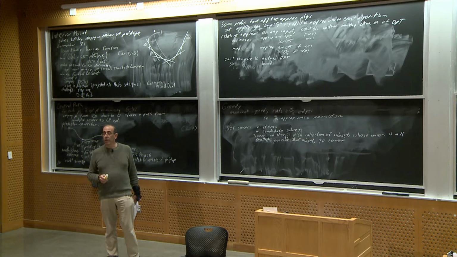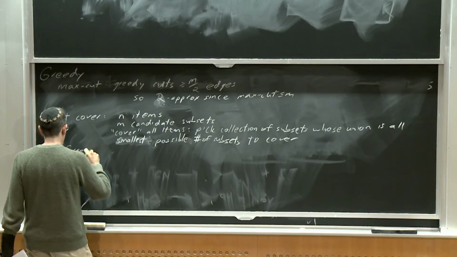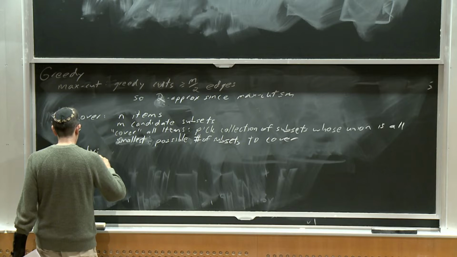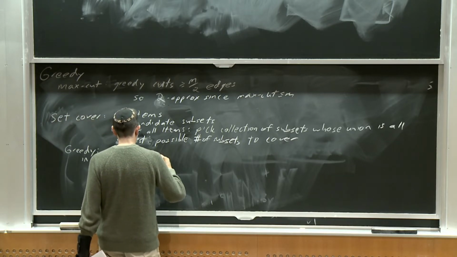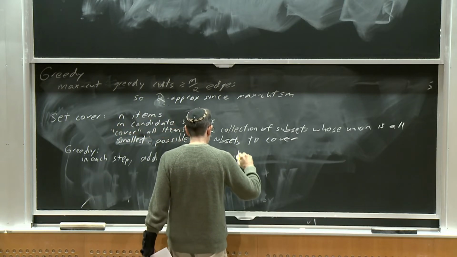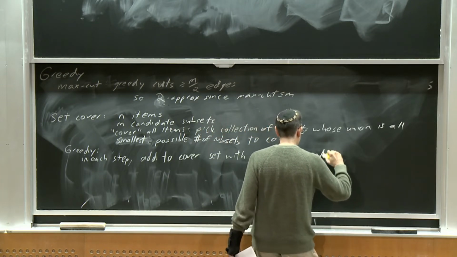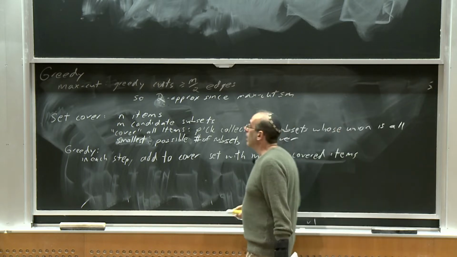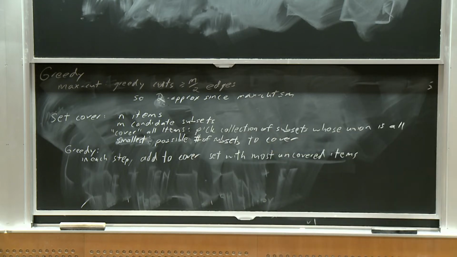The set which covers the maximum amount of uncovered items. Exactly. So the greedy algorithm just says in each step, add to the cover the set with the most uncovered items. And again, the cleverness here is not in coming up with the algorithm. That's pretty natural. The question is how we analyze it.